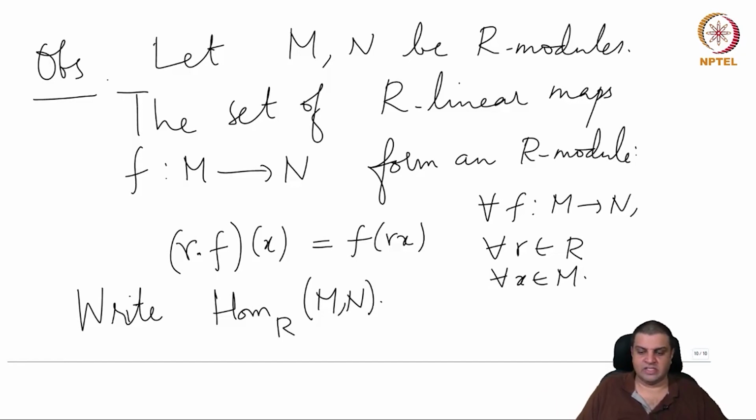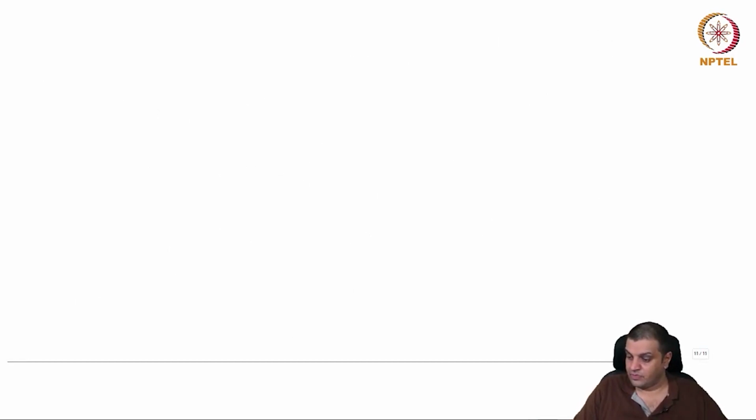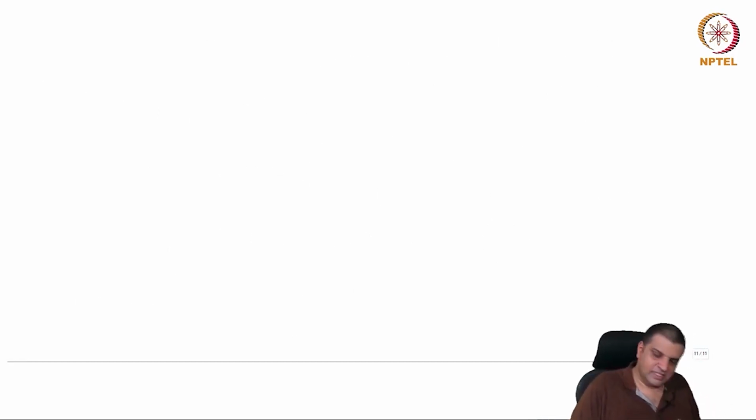This is like the statement that the set of linear transformations from one vector space to another vector space is a vector space itself. One has to check that this satisfies the definitions, but please do that.